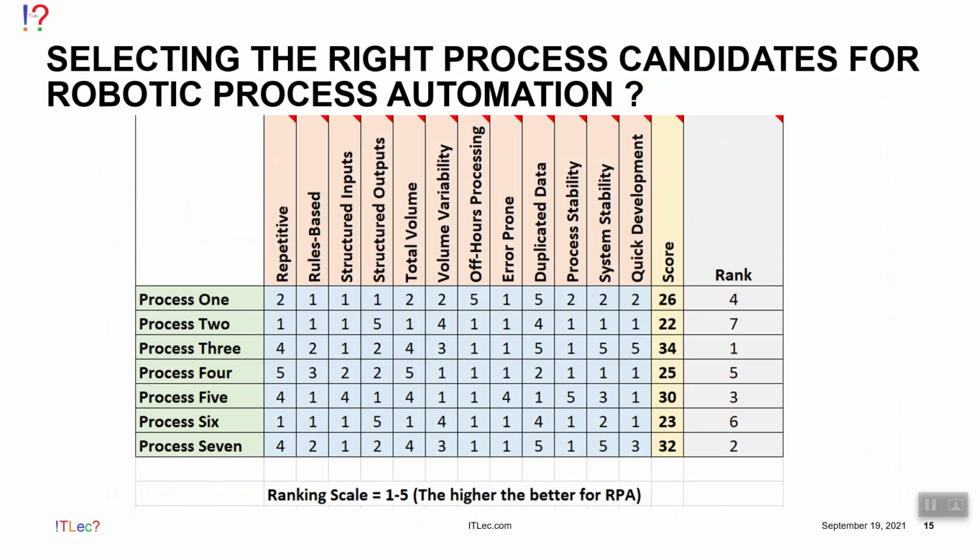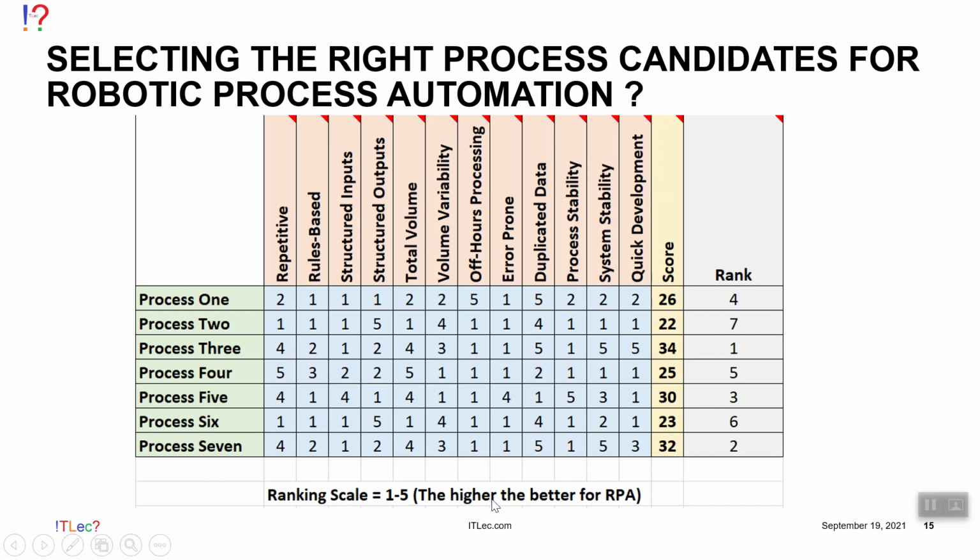So in this table, we'll see how to figure out if we need RPA or not, and to prioritize our processes, to select which process to start with. Here we have some criteria, the tasks, and a rank scale from 1 to 5.